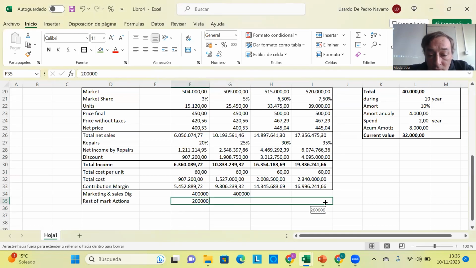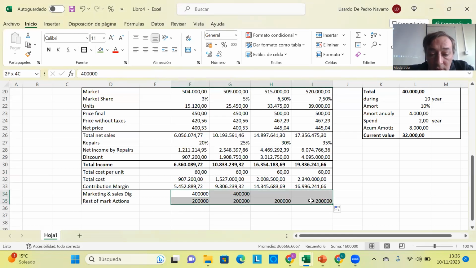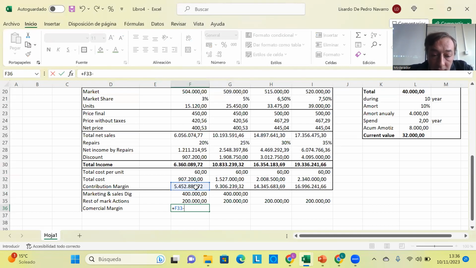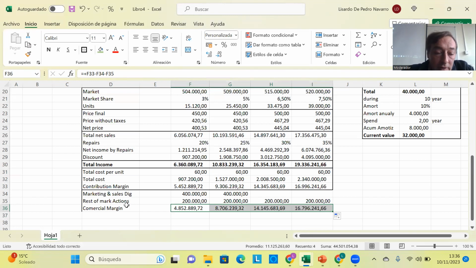So we can copy this one. This is the rest. Here we have the commercial margin, which is going to be contribution margin less digital less rest of action. So this is the commercial margin for the rest of the years.